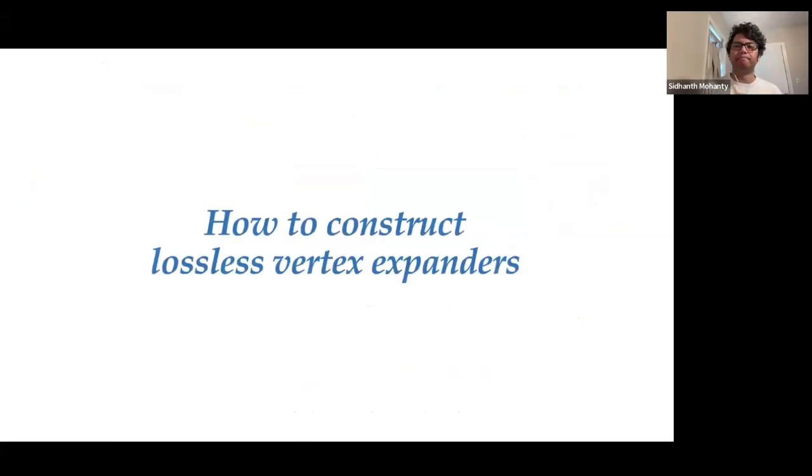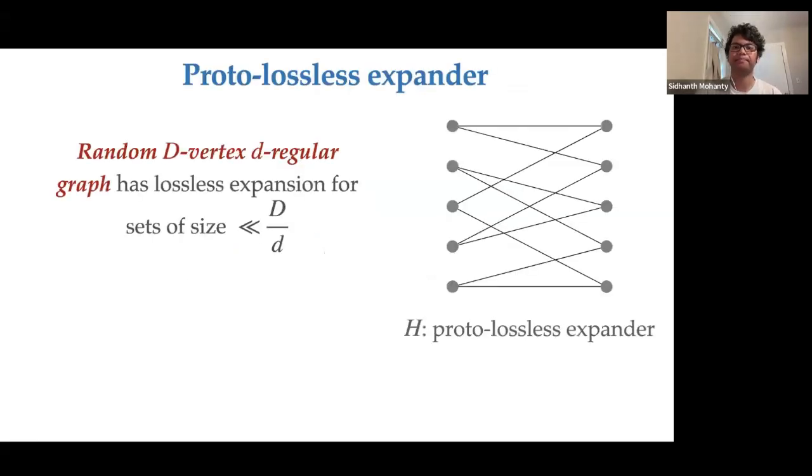So now in the rest of the talk, I want to focus on the ideas that go into constructing lossless expanders. So a starting point is actually going to be this fact that I told you all about early on in the talk, that a random graph is a lossless expander.